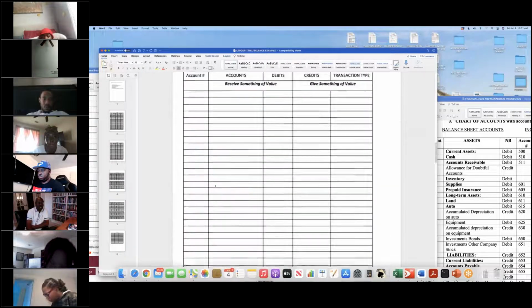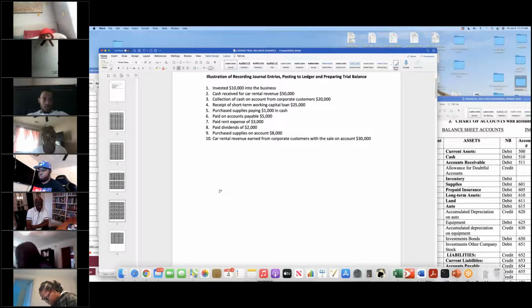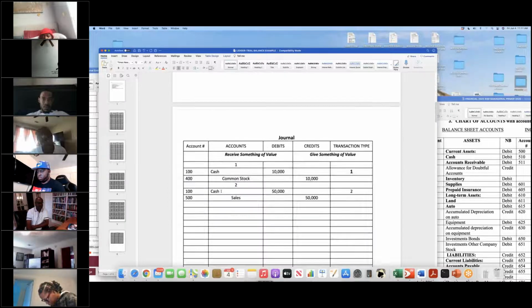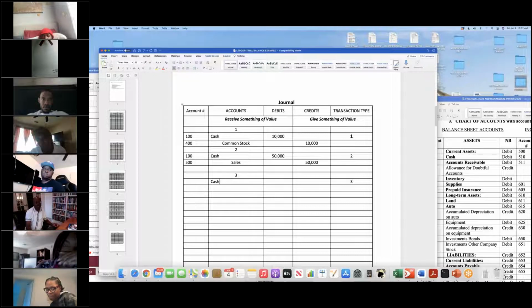So let's see if we can get these finished then. Collection of cash on account from corporate customers, 20,000. So we're now to 3, and that happens to be a type 3. So we're going to debit cash. What are we going to credit?